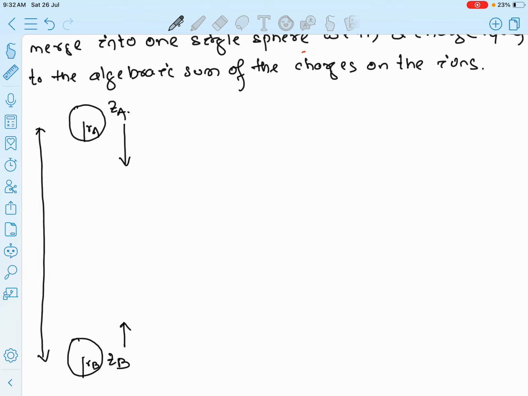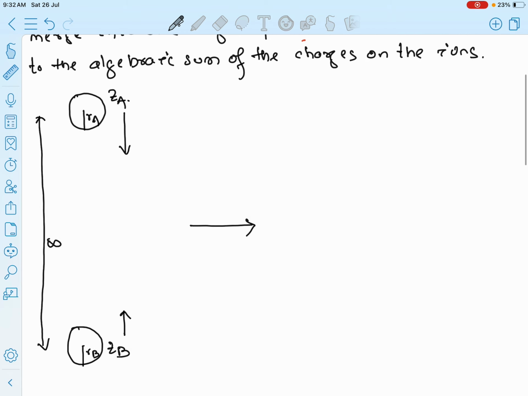Whenever they approach each other, an activated complex will form.